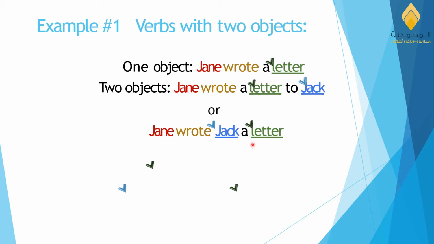So when I want to change a sentence into the passive form, which object do I take? You simply can take any of them. Let's start by making the letter the subject of the sentence. A letter was written to Jack by Jane.